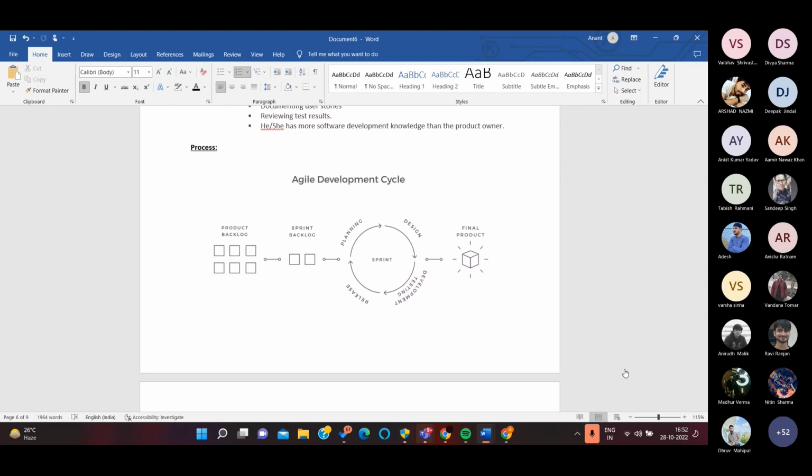The scope is what exactly the product is and what it will fulfill. There are two parts to the scope: in scope and out of scope.